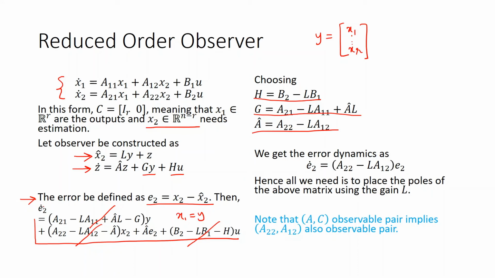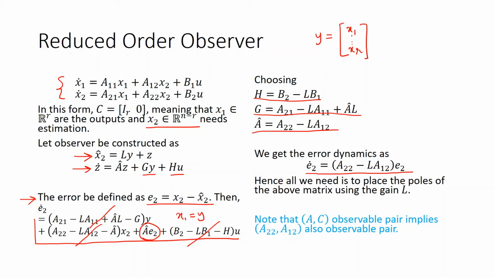Now what remains is basically E2 dot equals A hat E2. That is the only remaining term. And A hat is A22 minus L A12. This is the same as the A minus LC form.